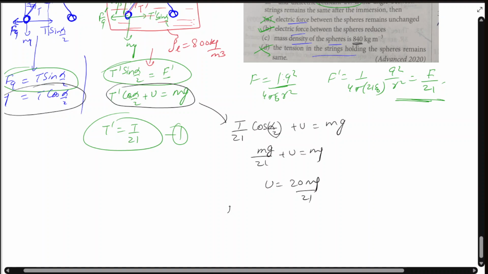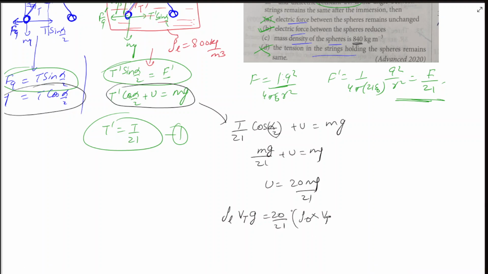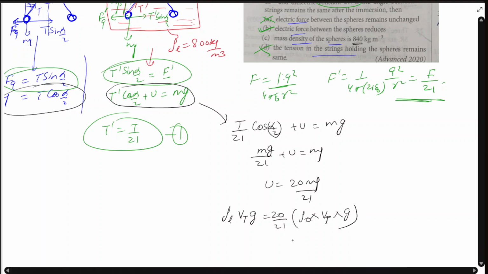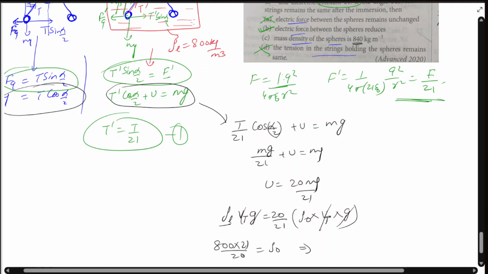Upthrust is density of liquid times volume immersed times g, so total volume into g. m is density of object into total volume. Cancelling V and g, the density of liquid was 800, so 800 into 21 divided by 20 will be the density of the object, which is 840. So we got 840.